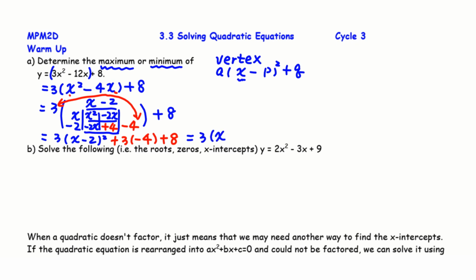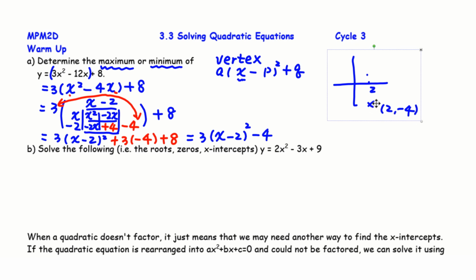So you will have the vertex form: 3 bracket x minus 2 bracket squared minus 4. So this is positive, so the vertex is at 2 and negative 4.